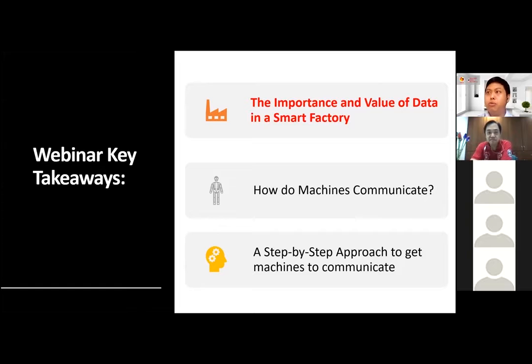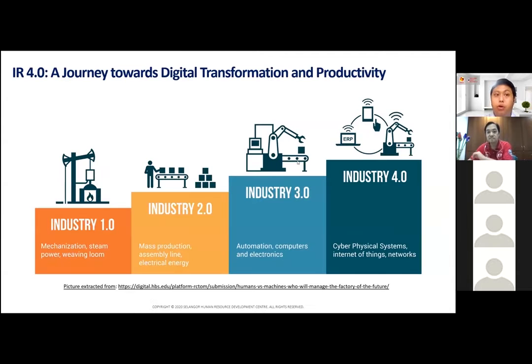But when it comes to going into the details of how machines talk to each other, many a time they have a lot of questions on how they communicate, and it's really not a very magical concept. But this is something that I will share with you today. And of course, at the end, we'll talk about a step-by-step approach on how to get machines to communicate to each other.